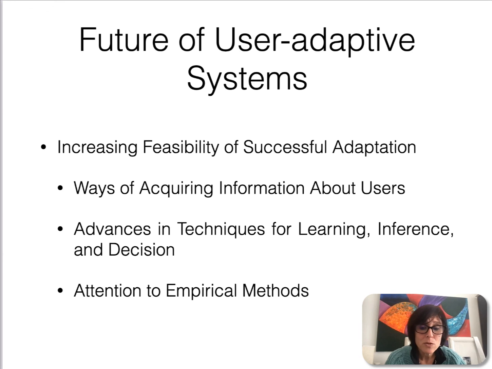Finally, there is much research in the area of HCI that deals with increasing the feasibility of the success of the adaptation in terms of how the information is gathered from the users and how learning about the users happens. This is where AI techniques can be experimented with: advances in techniques for learning, for inference, for decision, and attention to empirical methods.